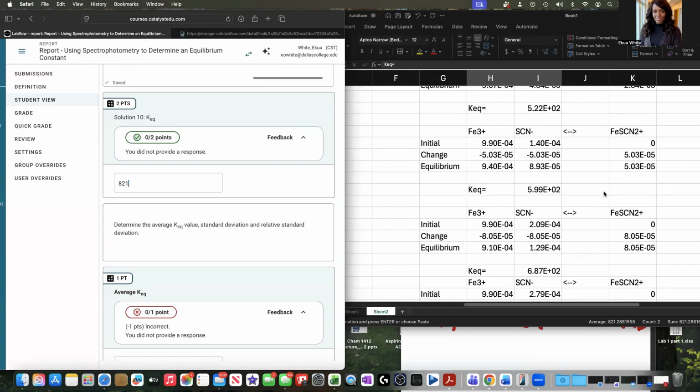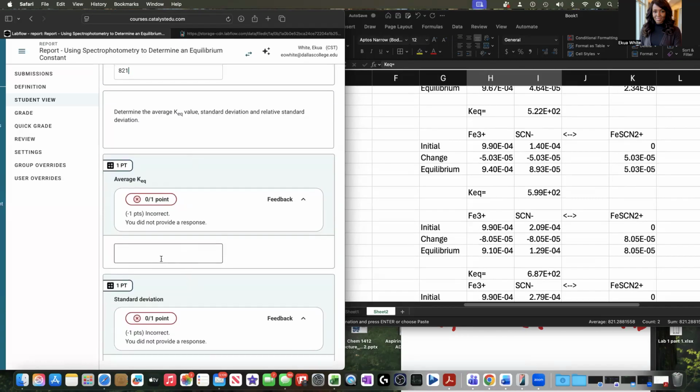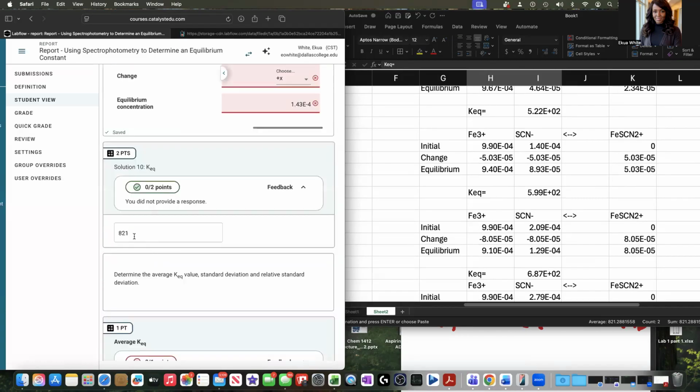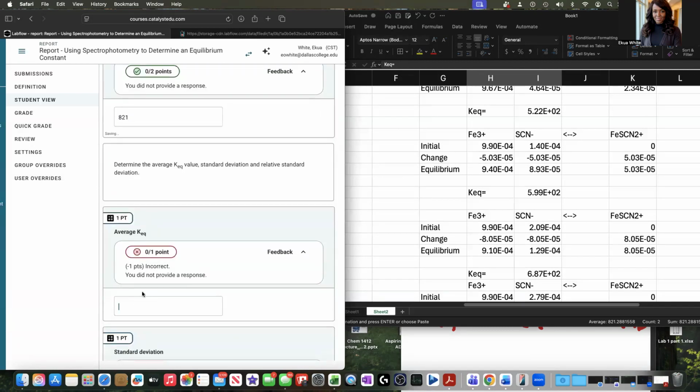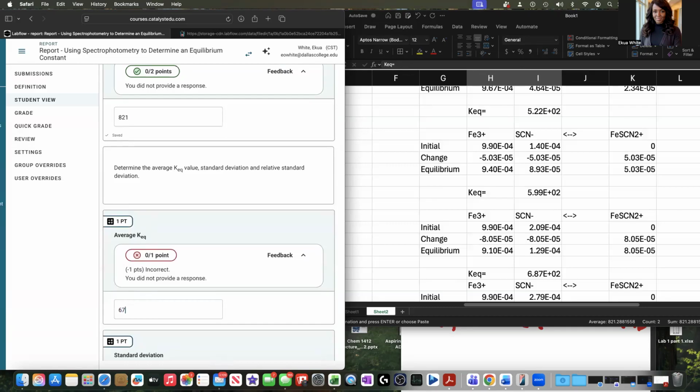So we got 821 plus 774 plus 657 plus 599 plus 522 divided by 5 is 674. So we'll call it 675.